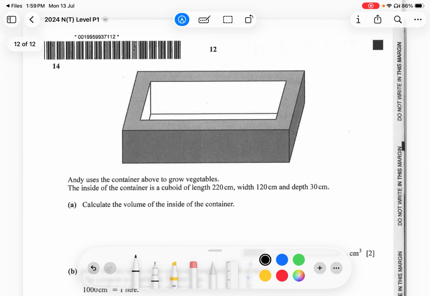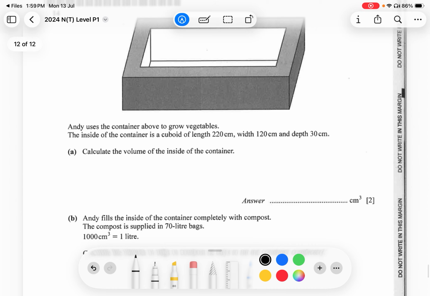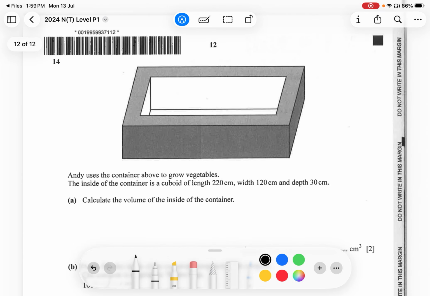So this is a container, triple veggie. Inside is 220 cm length, width 120 and depth 30 cm. Calculate the volume inside the container.